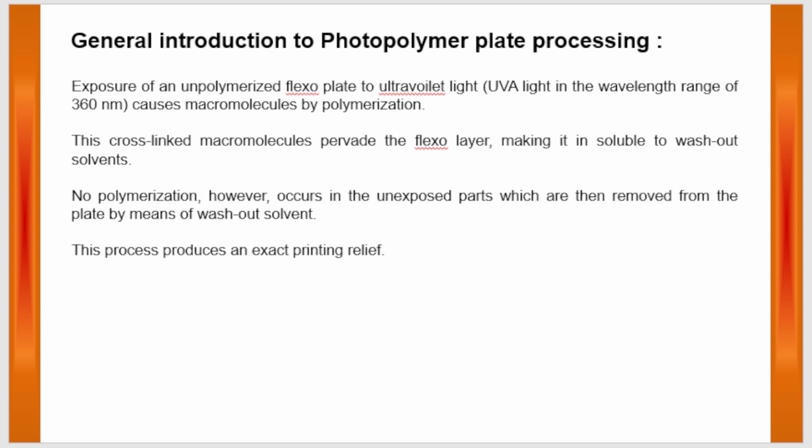These cross-linked micromolecules pervade the flexo layer, making it insoluble to washout solvents. No polymerization, however, occurs in the unexposed parts, which are then removed from the plate by means of a washout solvent. This process produces an exact printing relief.